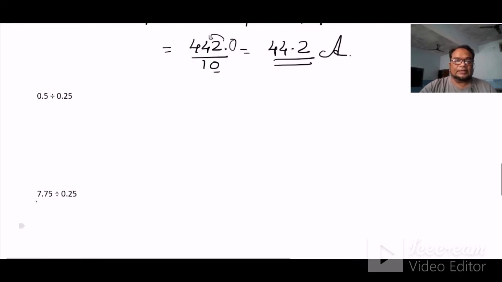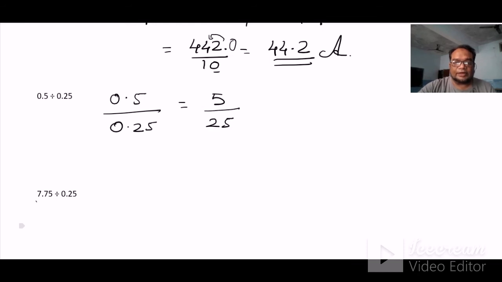Understood? In the same way, 0.5 is divided by 0.25. So our first step is to cancel the decimal. So it becomes 5 upon 25. Here in the numerator after the decimal there is 1 digit. So here the denominator becomes 10. And here in the denominator after the decimal there are 2 digits.